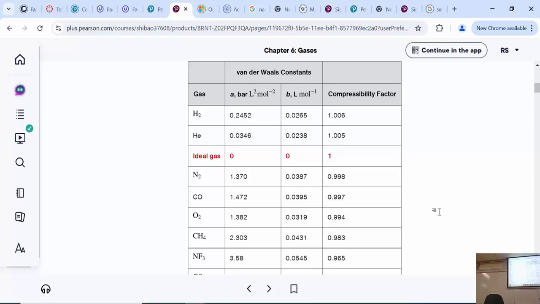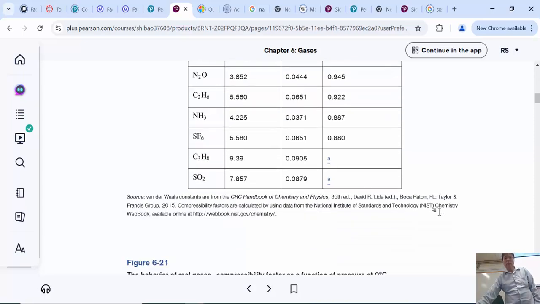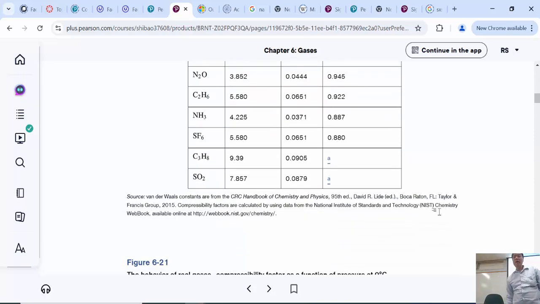Some of these gases deviate so little, I mean, 1.005 versus 1, or 0.998 versus 1. Those are such small deviations, it's close enough. But other gases have more significant deviations from ideal behavior. So, for example, SF6 shows significant deviation from ideal behavior.